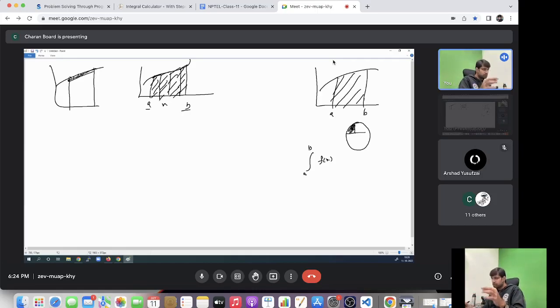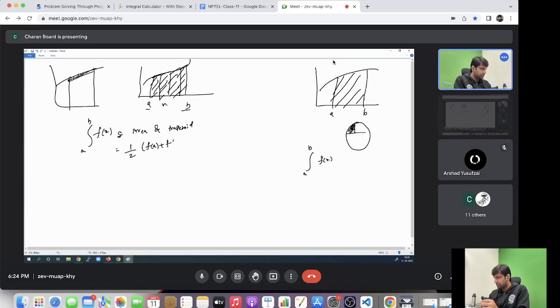So for that, the integral of f of x between a and b is almost identical to the area of a trapezoid. The area of a trapezoid is half into f of a plus f of b into height.